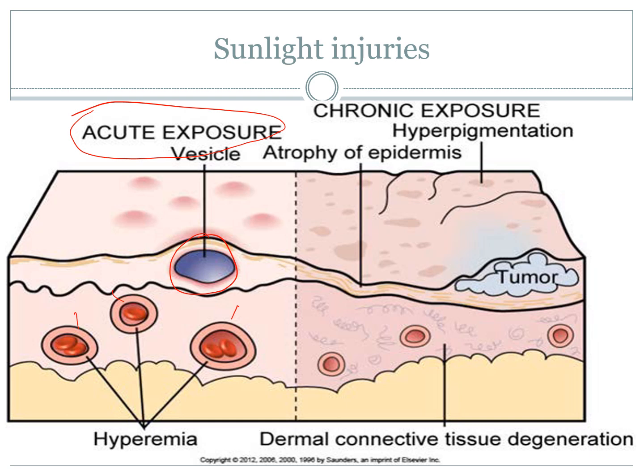Whereas chronic exposure stimulates the transfer of melanin pigment from the melanocytes to the keratinocytes, so you have this hyperpigmentation around the area. This results in atrophy of the epidermis itself, so the epidermis becomes thinner and therefore more susceptible to problems.